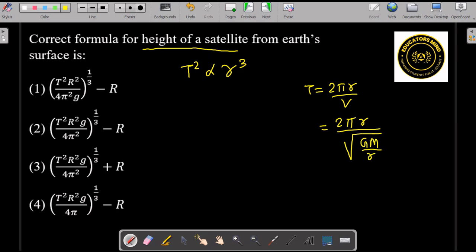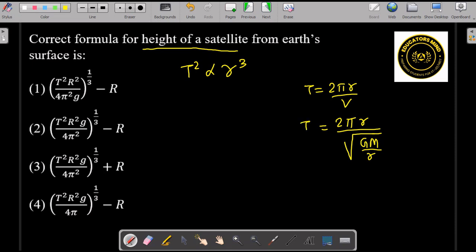So if you take this, it will come, and this also has to be written in terms of small g. So this you may write as small g into r, isn't it? But the thing is that here the radius of Earth has to come. So let us keep it in this form, right?